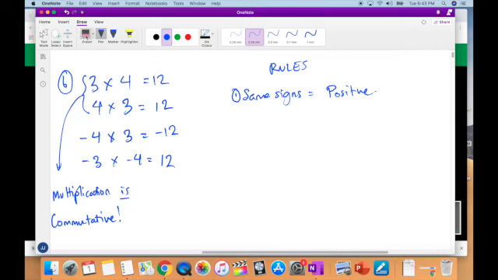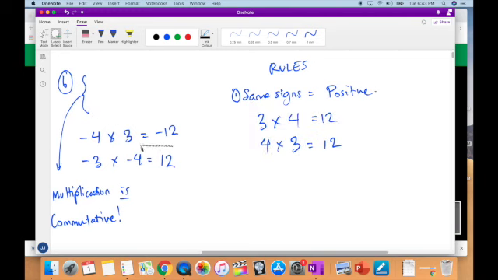So if you look at these guys here, you can see that they both have the same signs. The 3 is positive, the 4 is positive. The 4 is positive, the 3 is positive. So you'll be positive. And then even in this one, they have the same signs, negative and negative. So that gives us a positive.